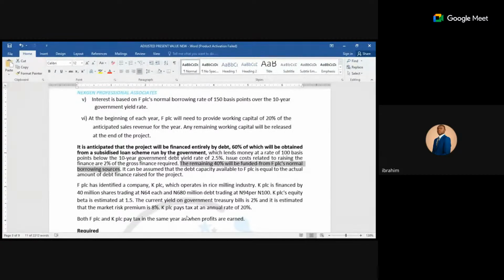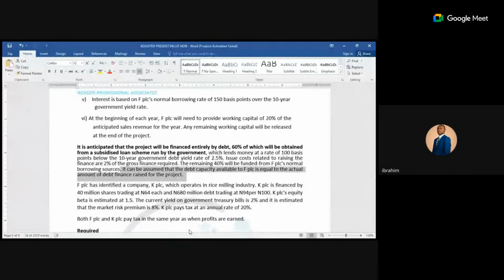We'll just pick information. You can see this part now is talking about the PV of financing effect. It can be assumed that the debt capacity available to FPLC is equal to the actual amount of debt finance raised for the project. What is the examiner's point here? Is that they have the capacity.